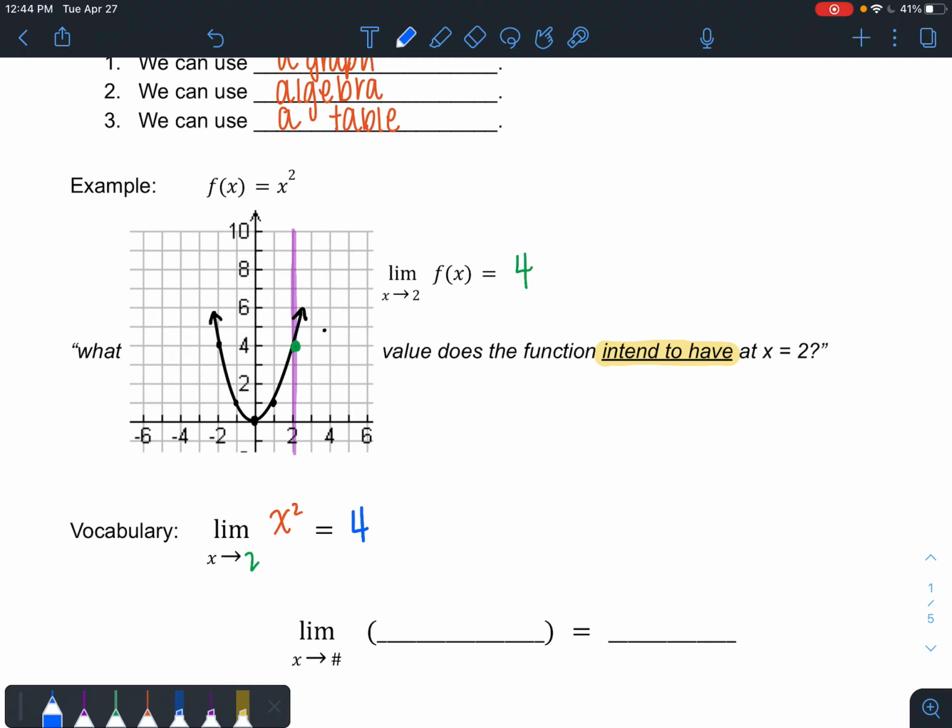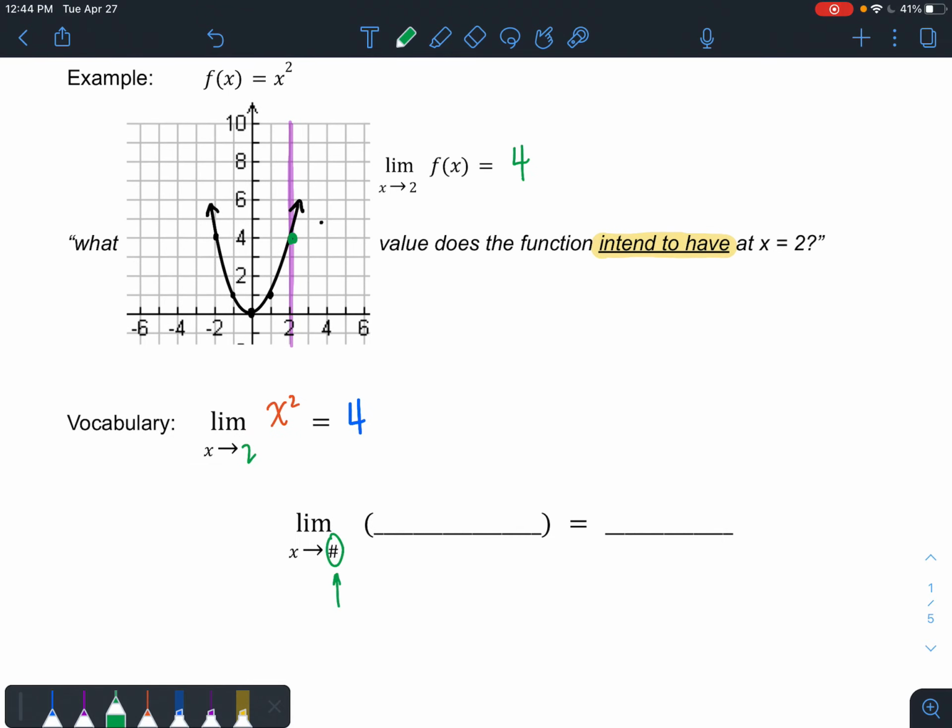Okay, and so we're just going to define some of these values here. So this 2, that number right there, is going to be the value you want to evaluate the function at. I spelled evaluate wrong. I ended my sentence in a preposition, but it's okay.